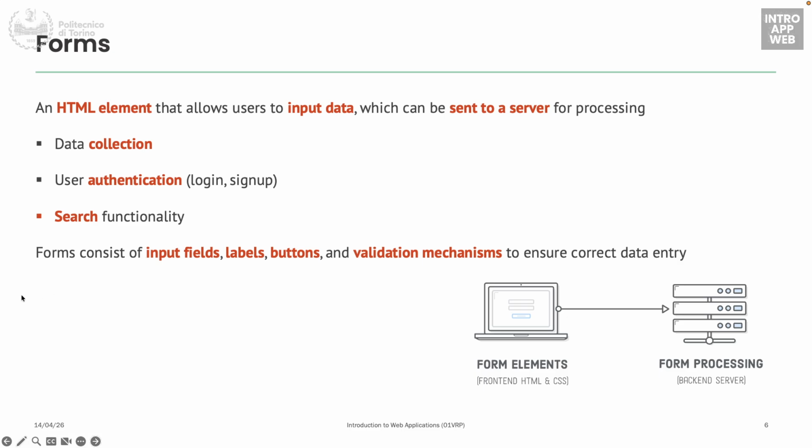So a form basically consists of a set of input fields and labels. Why labels in this case? I mean, input fields, we can agree that a form has an input field, right? It is the element where you input the data. But why labels? Because in the forms, next to the input field, without the label, it's not possible to understand what you are supposed to enter inside an input field.